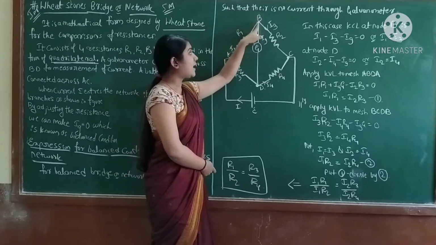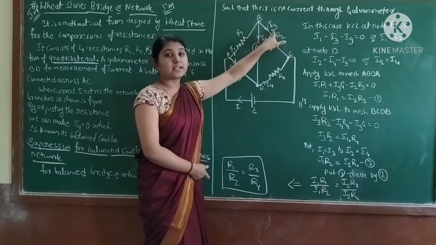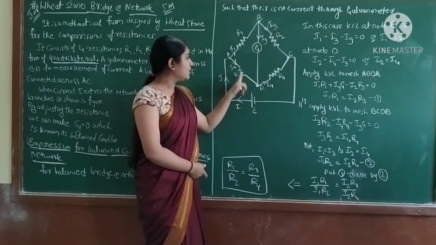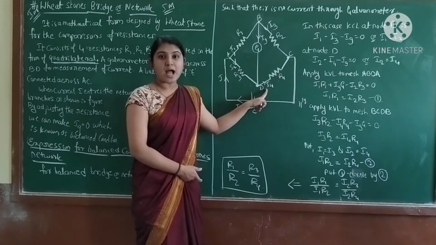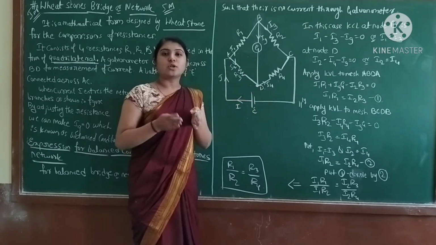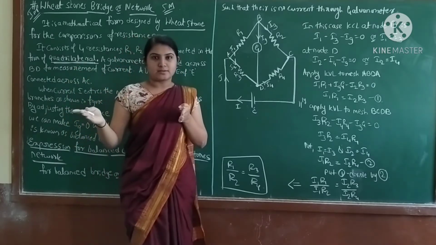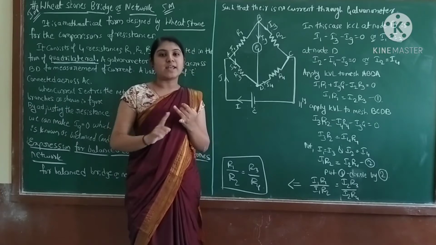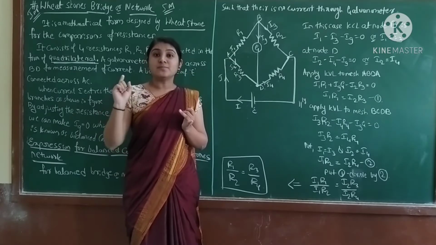Next, a point will come here and later it starts to move down, so we take it as I3, and here it is coming down, so it is current I4. So the total current splits into different branches of current, that is I1, I2, I3 and I4.